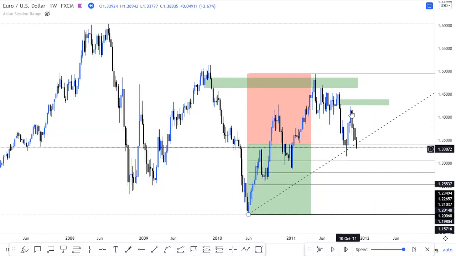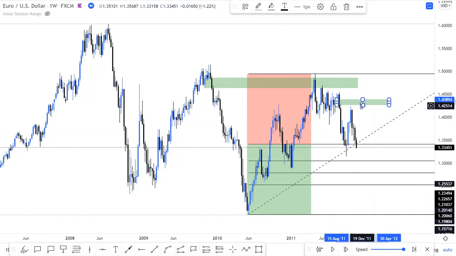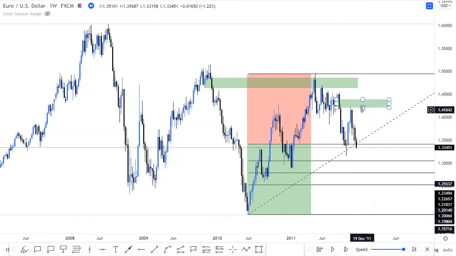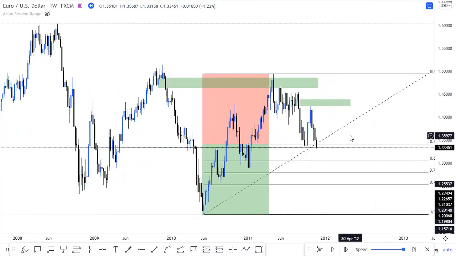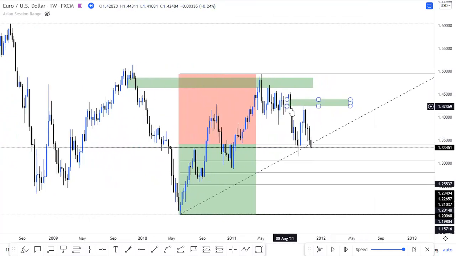Okay, so it almost touched it. Actually, it did. Let me draw the order block well. So you can see that it precisely touched the bearish order block before rallying to the downside.